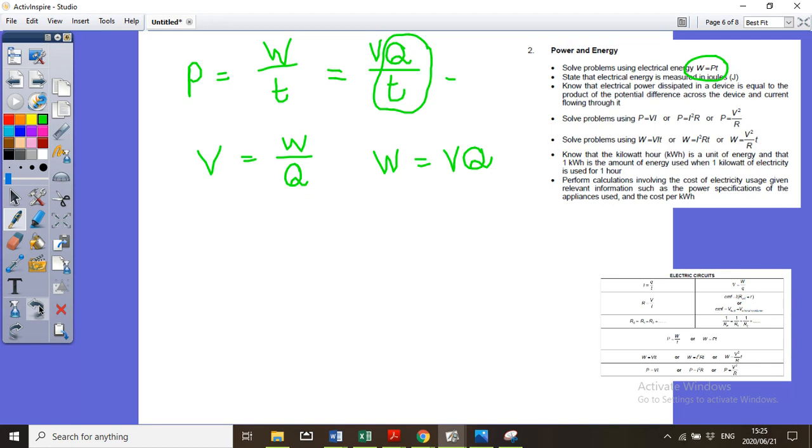When you read the question, you must make sure whether they are asking you for the work, which is the power times the time, or for the power, which is the rate at which work is done. Then it's going to be the equations at the top. So read your question nicely, because to change the power equations to the work equations, you just add a T, but they are even given to you. So there's not much you need to learn here.